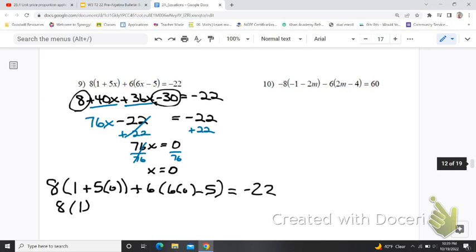So this is 8 times 1. 6 times 0 is 0, and 0 minus 5 is negative 5. 8 times 1, 8. 6 times negative 5, negative 30, and 8 take away 30 is negative 22. Voila, it does work. I got a little sloppy there, my apologies, but it does work.